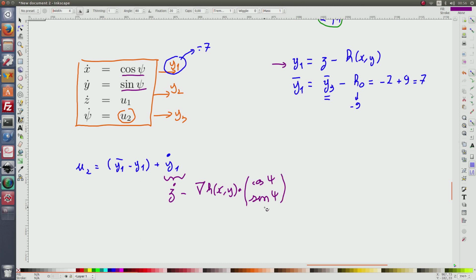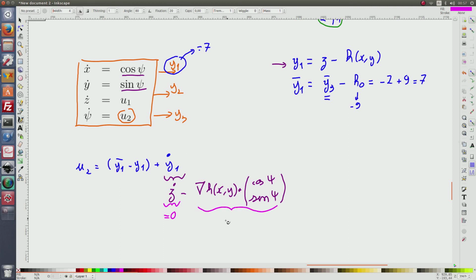Okay, the problem to implement this proportional and derivative control is that this one, I can assume that it is equal to 0. Otherwise I can get it from u1.